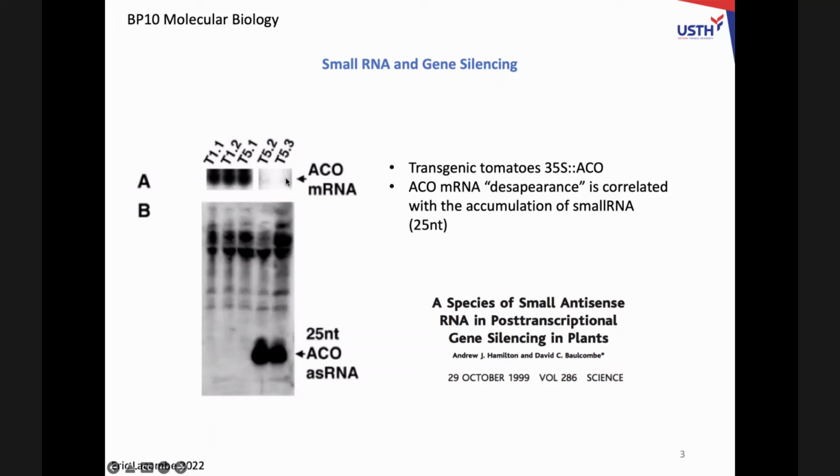But every time you see the disappearance of the RNA that you would have liked to overexpress, it was concomitant to the appearance of small RNA of 25 nucleotides long. So they made a link that the disappearance of the full-length messenger was correlated with the accumulation of small RNA that have the same sequence. So this was the very beginning of the discovery of this process.